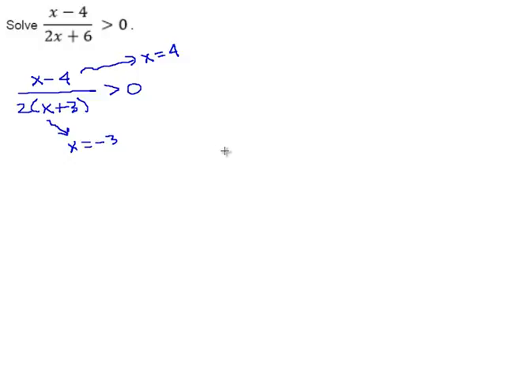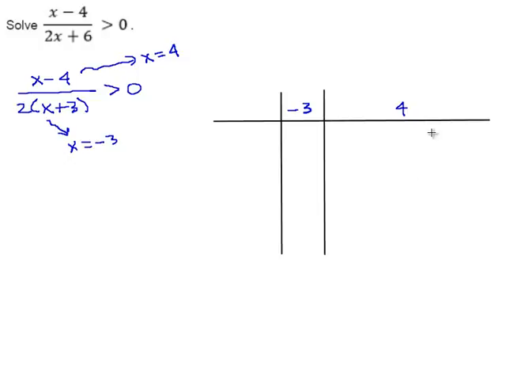What do we do with those? We make a number line. We put them on it in number line order, so low to high, and we're going to look exactly on those critical numbers and see how our expression behaves. We're also going to look between those critical numbers, see what happens there.